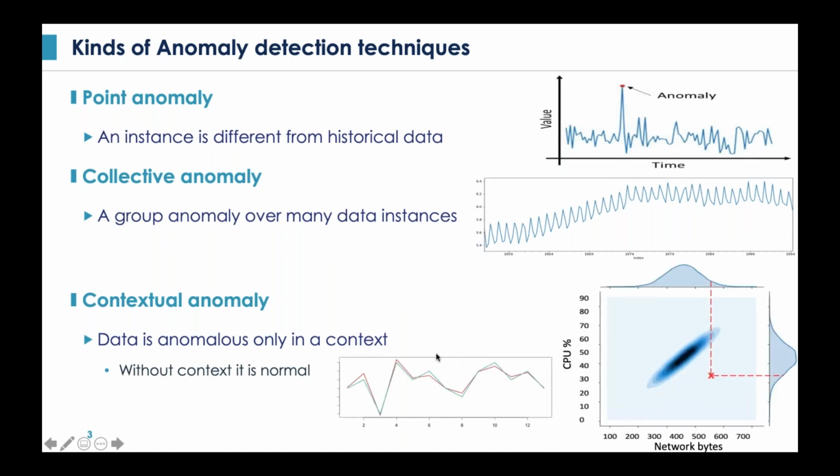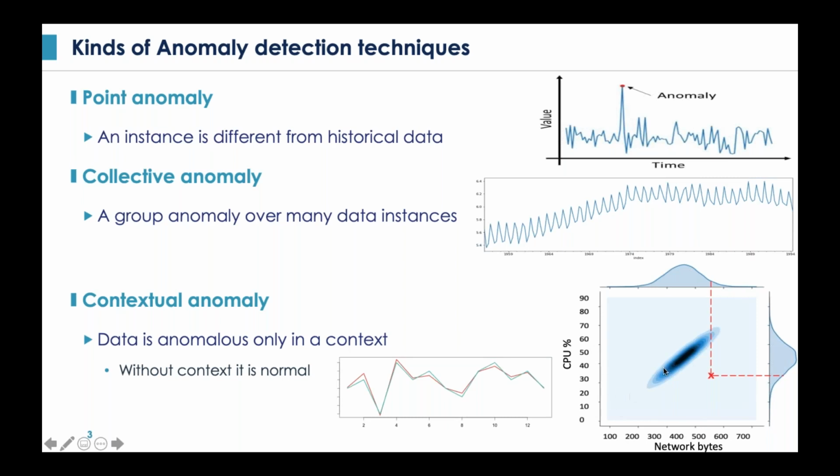This happens mostly in the case of multivariate data, where you have more than one KPI. In this case, we have two correlated KPIs. For an example, I'm taking CPU and network bytes, two of the KPIs. A very simple correlation: when you transfer more data, you burn more CPU. There's a strong correlation between network bytes and CPU.